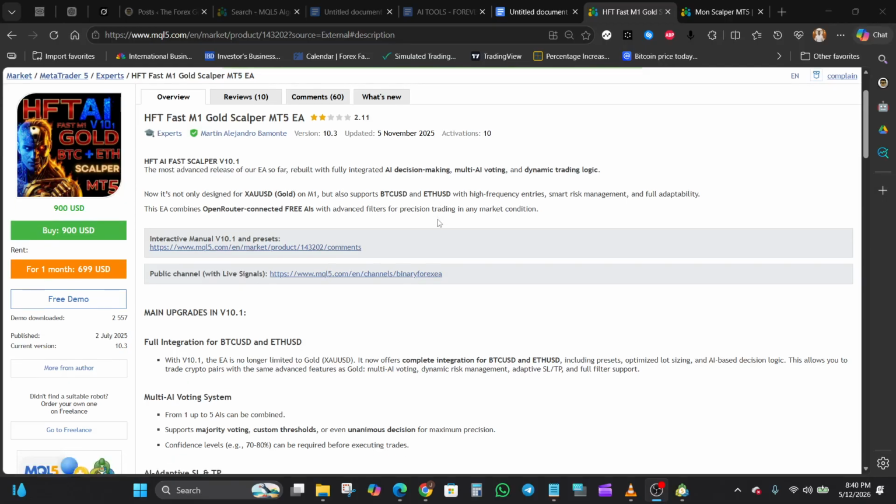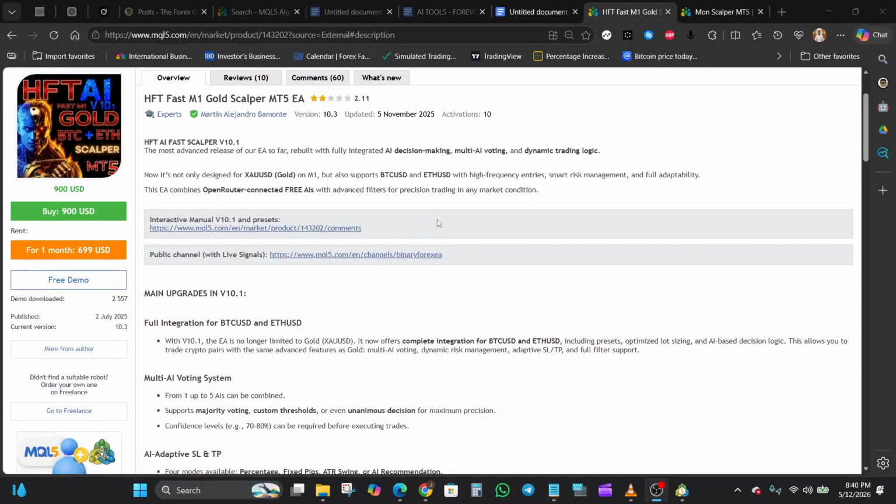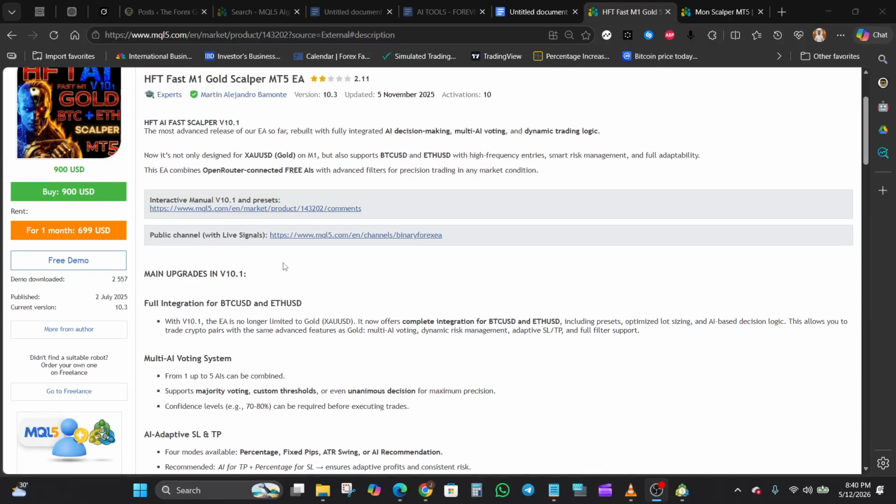As I go through the description here, the developer explains that the system combines multiple AI models together using a voting structure where trade decisions can require majority agreement, custom confidence levels, or even unanimous confirmation before execution.